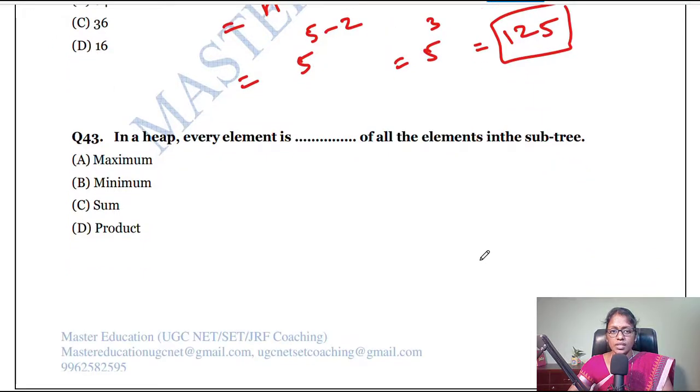The next one is, in a heap, every element is dash of all the elements in a subtree. Actually, in a heap itself, there is a max heap and a min heap. Max heap means the root element is always greater than its child elements, right? And in a min heap, the root element is smaller than the child elements.